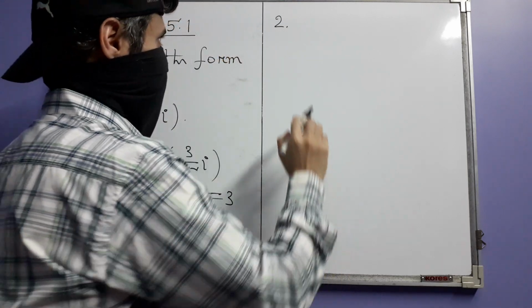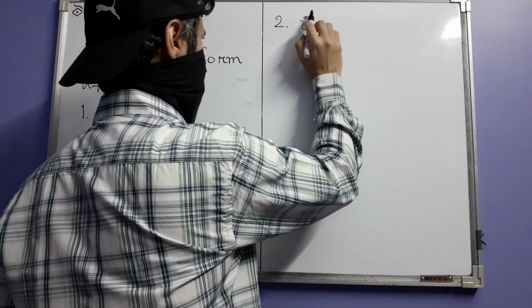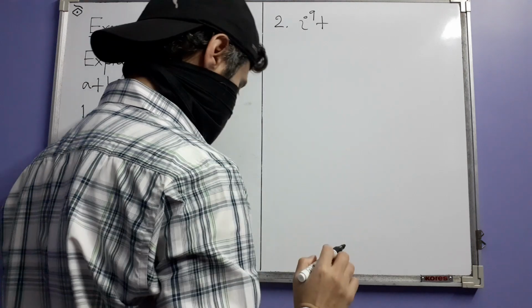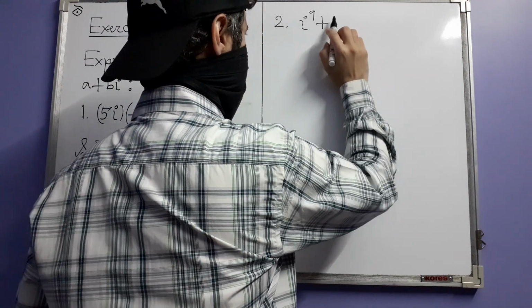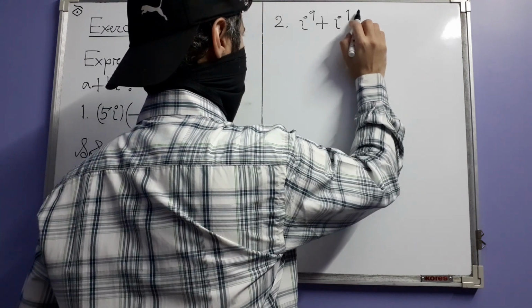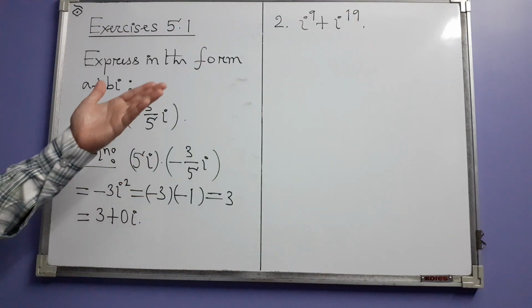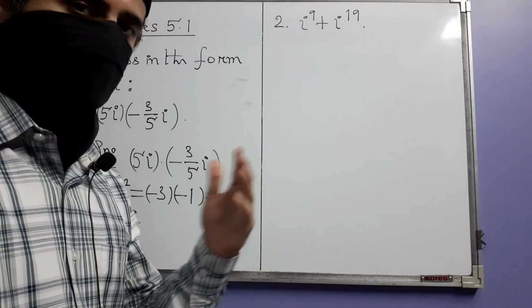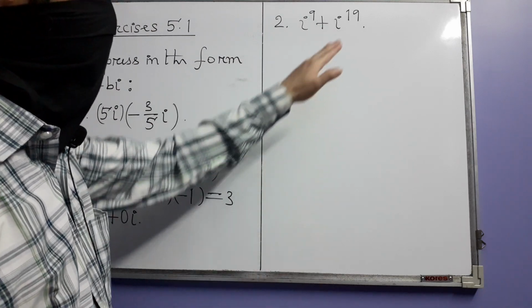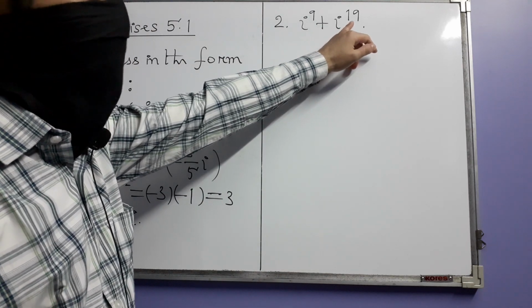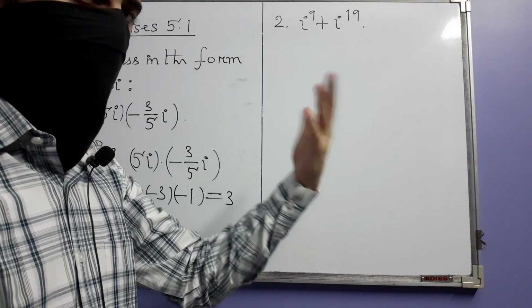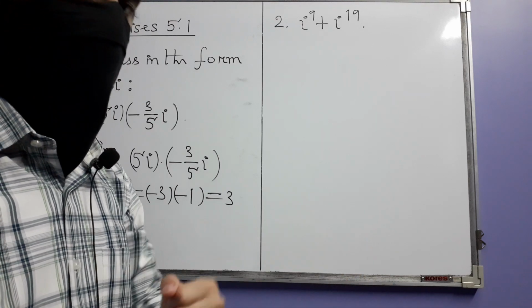The next one involves powers of i: i to the power 9 plus i to the power 19. So you recall how we reduce the power by expressing the exponent as 4 times something plus something.